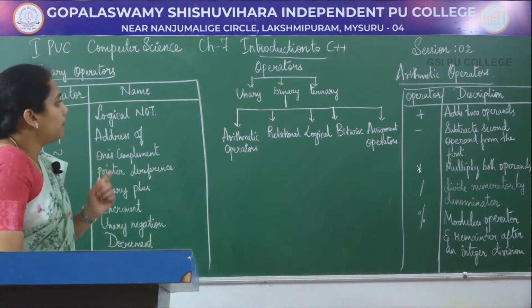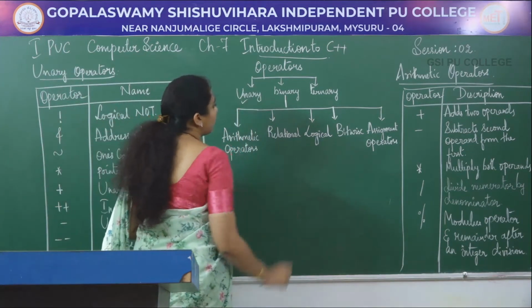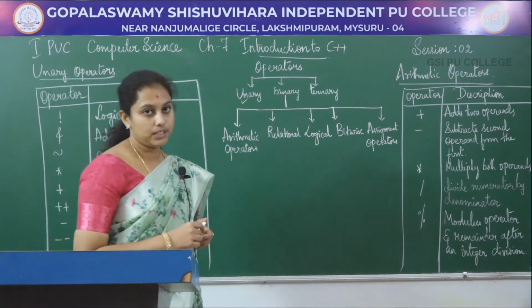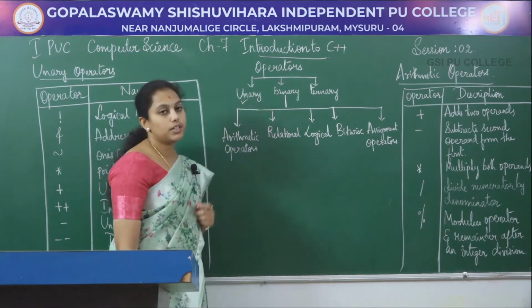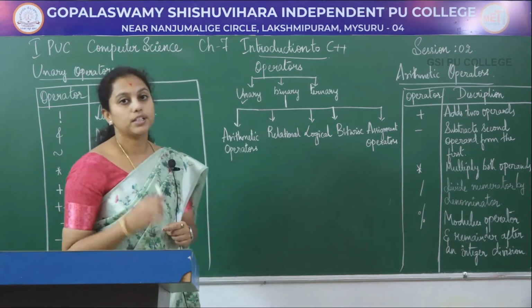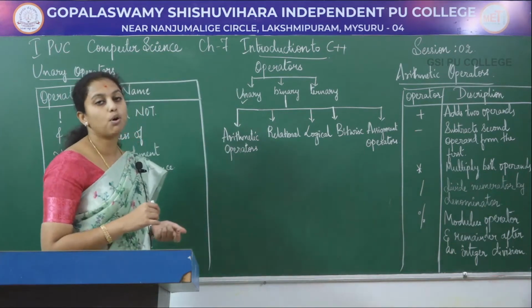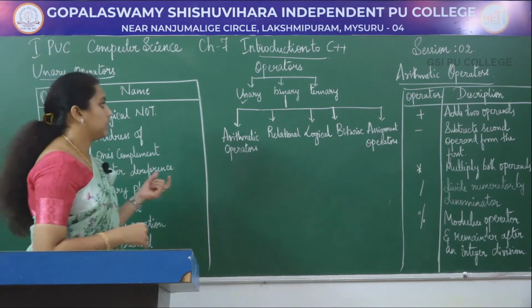The operators are divided into three types: unary operators, binary operators and ternary operators. What is a unary operator? A unary operator operates on only one operand. Such operators are called unary operators.